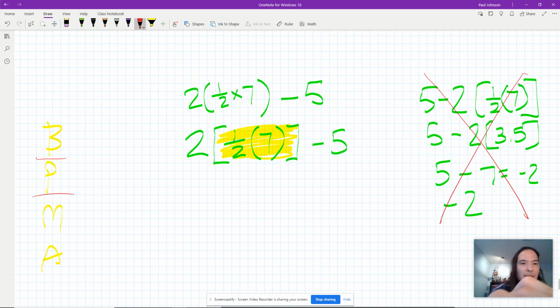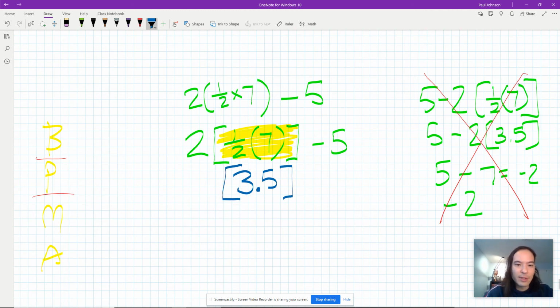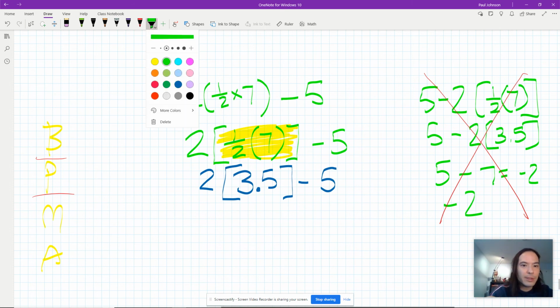So we have 1/2 times 7. Remember, I just said 1/2 times 7 is half of 7, which is 3 and 5/10. If you're wondering how we do that, think about $7. Half of $7 is $3.50. All right, so we have 2 times 3 and 5/10. So the next step that we're going to do is our multiplication step.